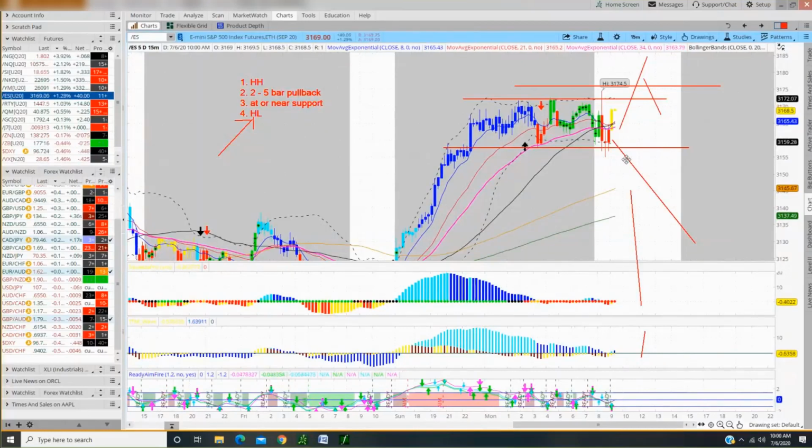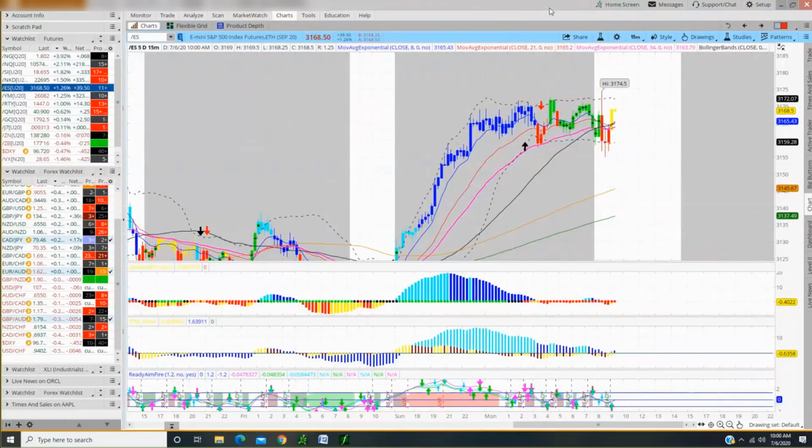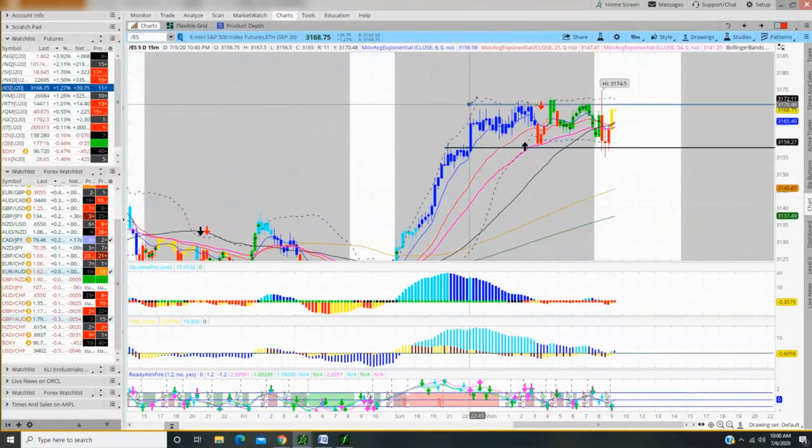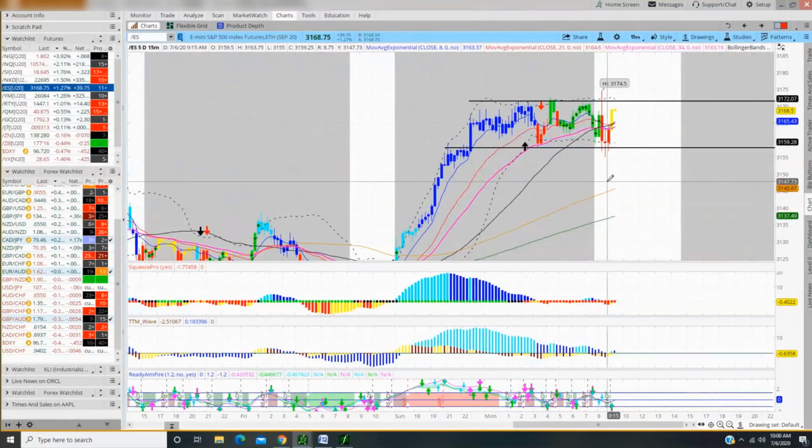If it pinballs around back down, then I can get in here if the momentum shifts, or it's going to break, and then I'm going to look for the pullback. I know exactly, because I don't care if I have a trade or not. I'm like a sniper. I'm not a machine gunner, man. There we go. That's it right there.